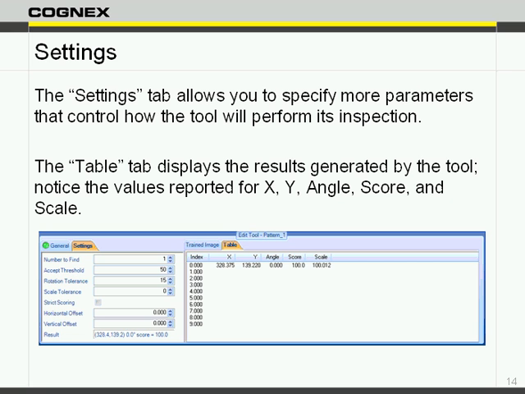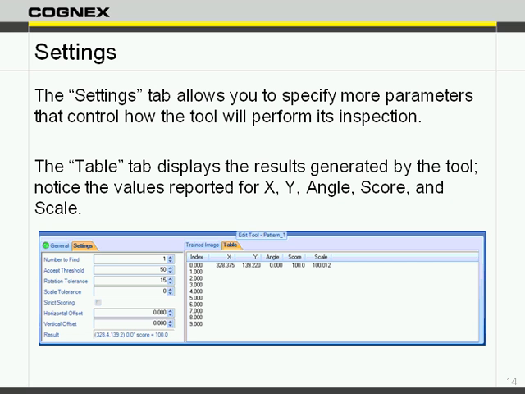Under the Settings tab, you can set the number to find, the number of models to find. Threshold. If you're new to Vision View, every time you make an inspection, you look for something, it gives it a score. How similar is this to the original?